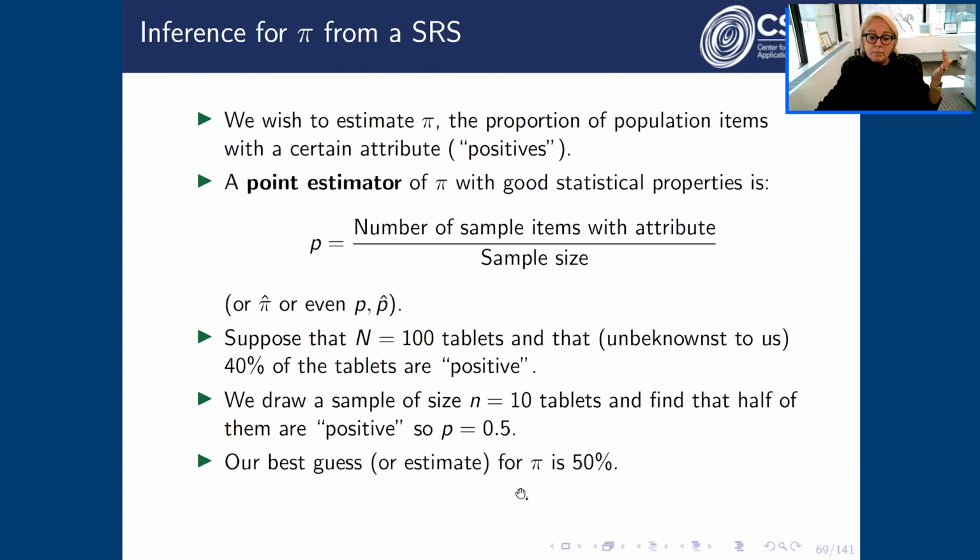So here, p is just 5 divided by 10. So the number of positives in the sample divided by the sample size. And so my point estimate, this is the statistic, the sample statistic. So my point estimate is 0.5. That's my best guess of the value of pi, okay, or 50%.